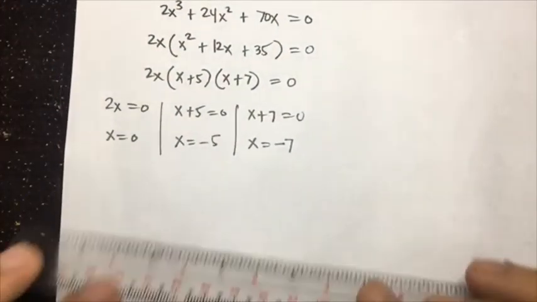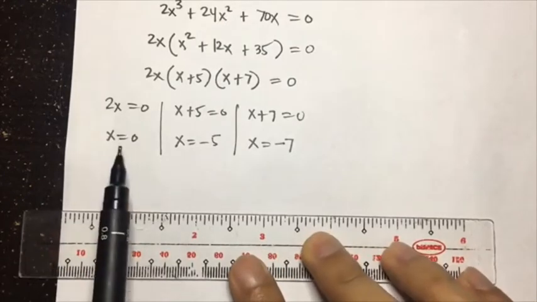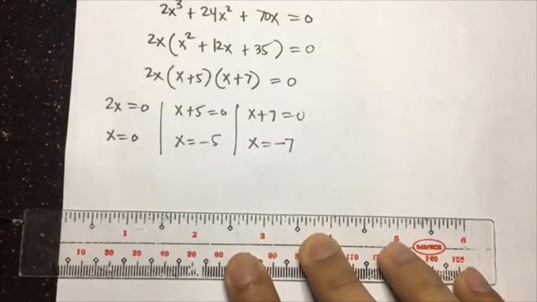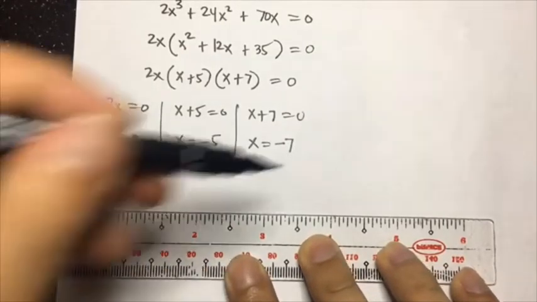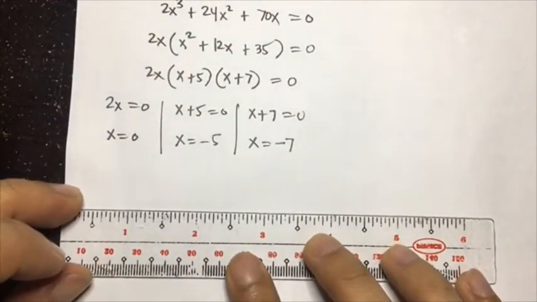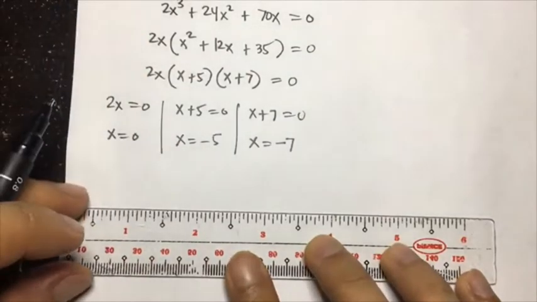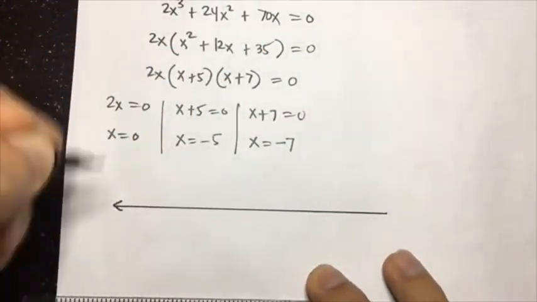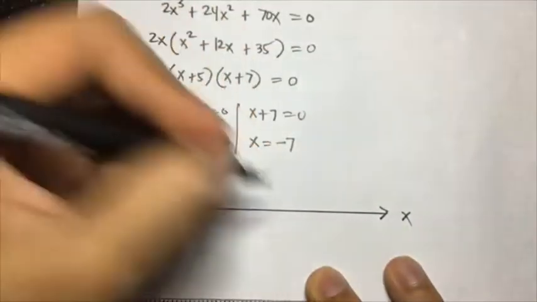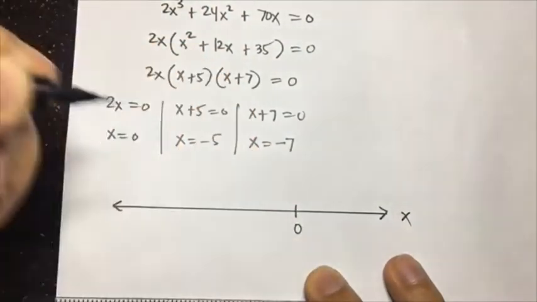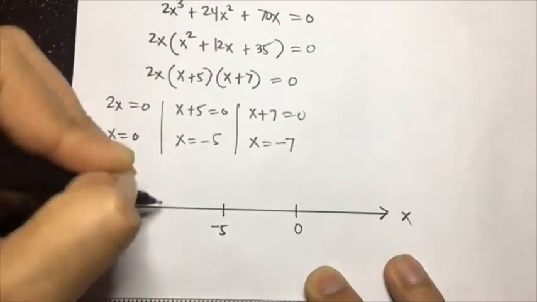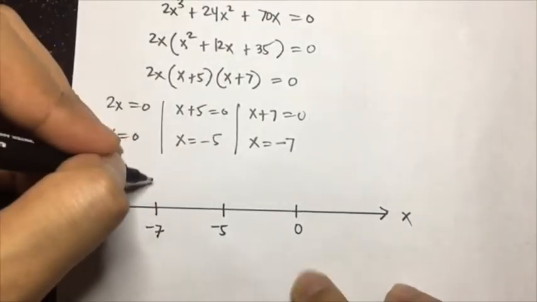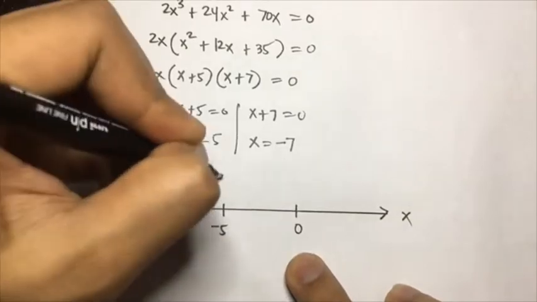Okay, so therefore, our interval will be divided into 4 because we have 3 critical points. Say this is our 0, this is our negative 5, and this is our negative 7. So there will be 4 intervals.